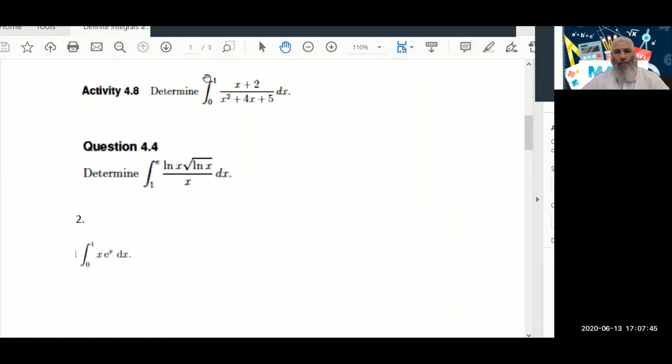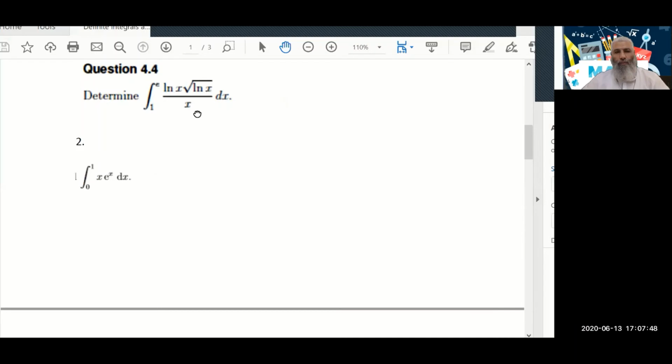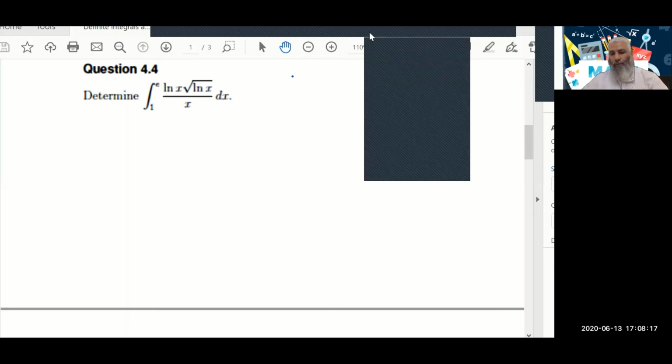Now, this one: integration from 1 to e of ln x root ln x divided by x dx. What's the derivative of ln x?